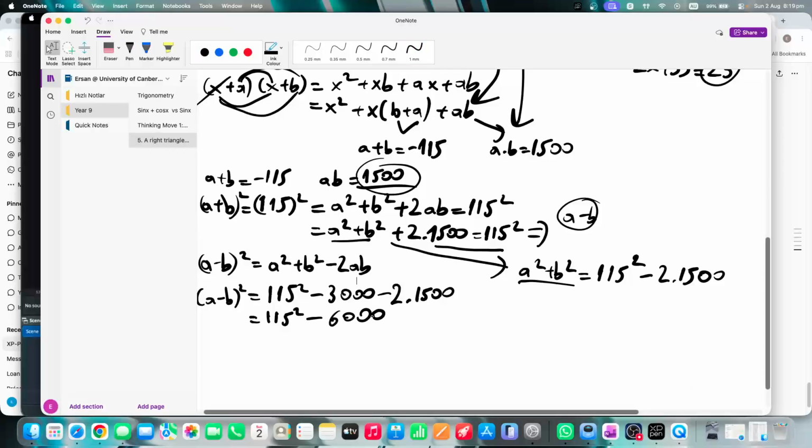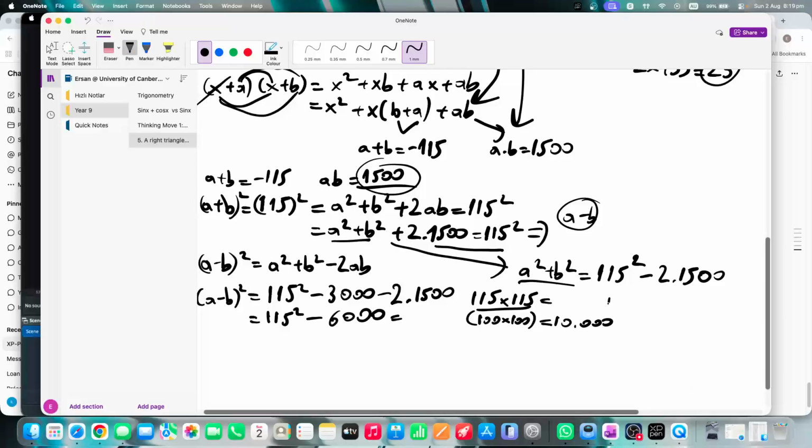This is how you can approach this question. So 115 squared, you can just multiply them. I'm going to do it my way, because I know what 115 squared is, which is easier to calculate.